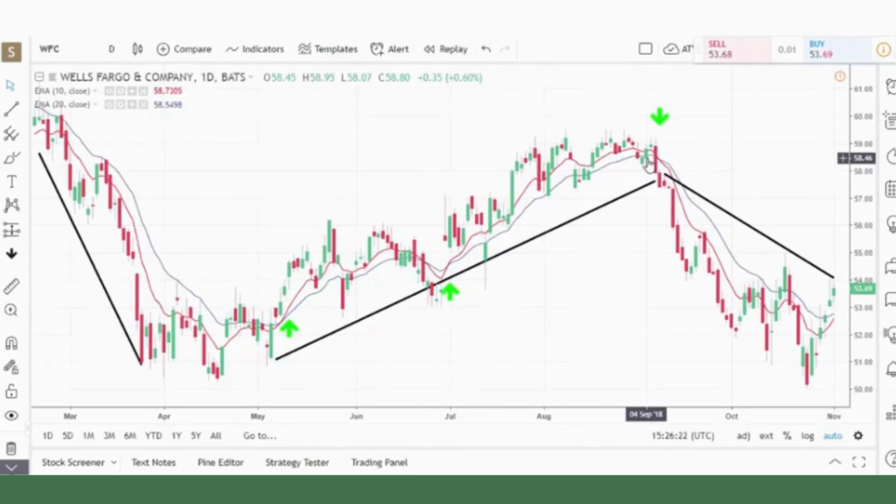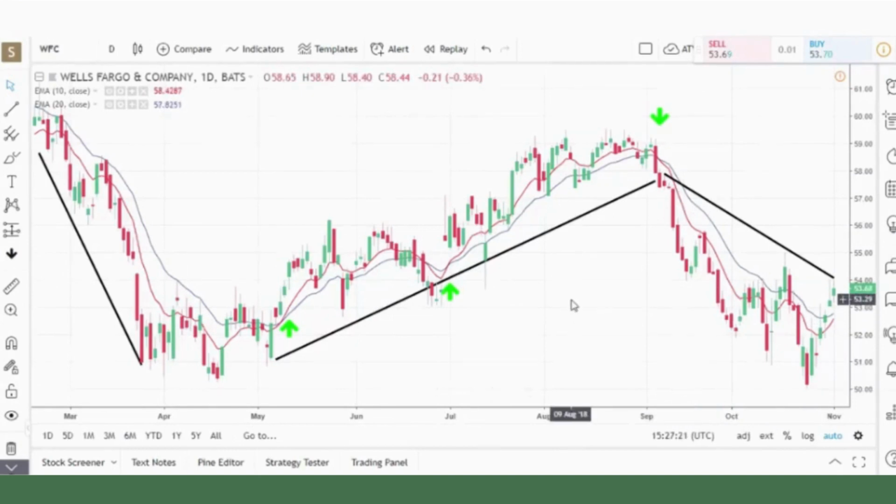So by using two different EMAs, we get a little clearer signal as opposed to just using the single EMA by itself. And as we can see here, the 10-day crossing the 20-day to the downside would have given us a signal that the stock was moving into a downtrend, or that we would not want to be long the stock.